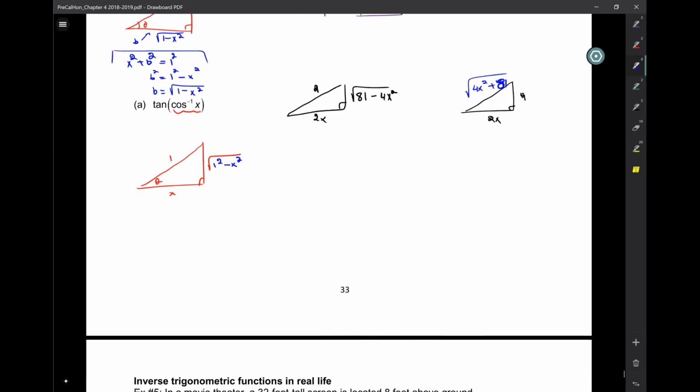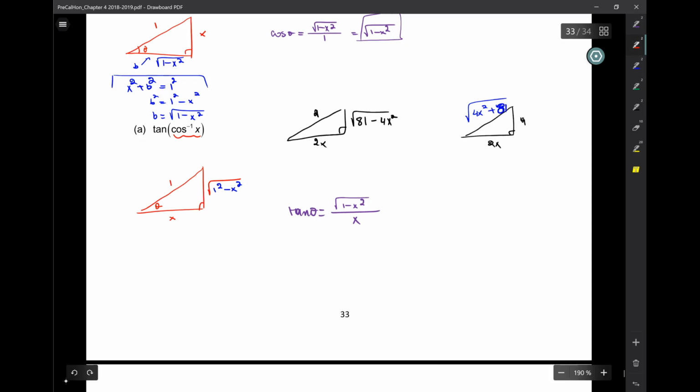Okay? All right. So here, speaking of a bigger idea, what is the tangent of this theta? Yeah, what you said. So first I had this, and it says the inverse cosine of x. It means there is an angle theta here, and the cosine is x.